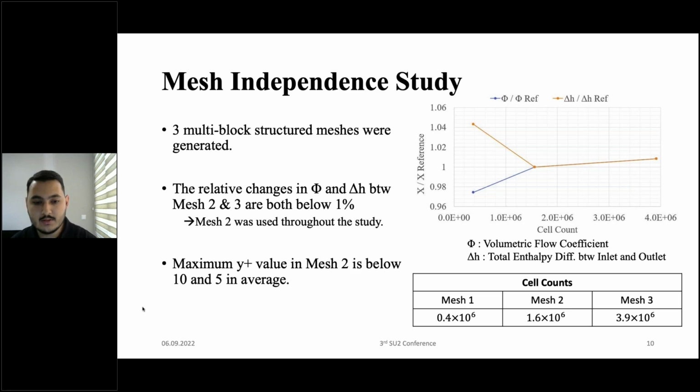The relative changes between mesh 2 and 3 were below 1% for both of those parameters. Therefore, mesh 2 was selected to be used. And the maximum Y plus value in mesh 2 was below 10, and overall it was around 5. The cell count for mesh 2 was near 1.6 million.